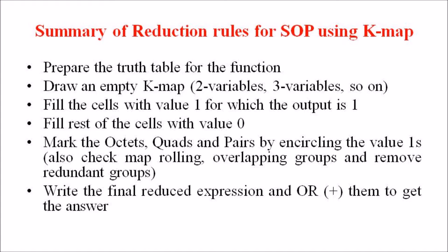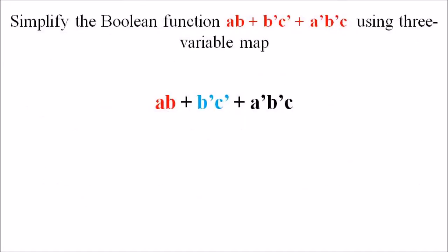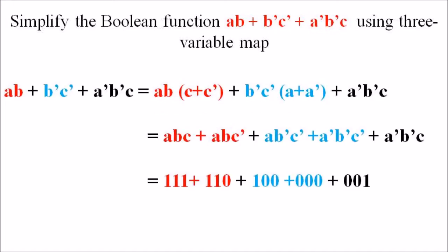So we are discussing example number 4. Our question is, simplify the Boolean function AB plus B bar C bar plus A bar B bar C using a 3-variable K-map. So our given function is AB plus B bar C bar plus A bar B bar C. So here we can see 3 different variables.